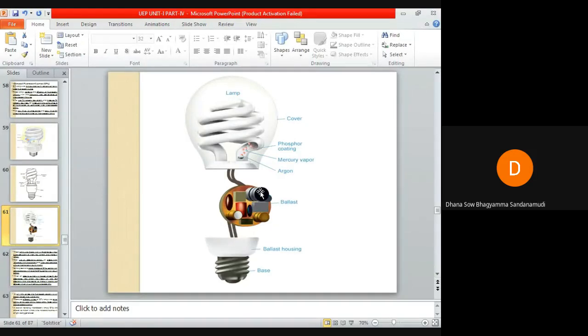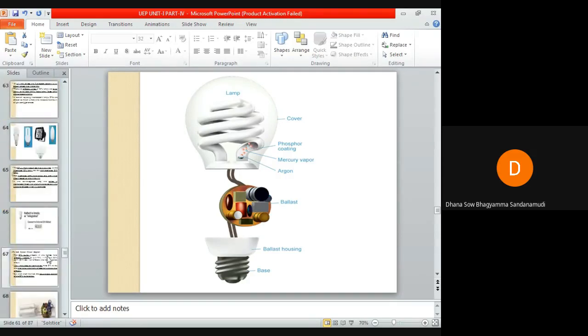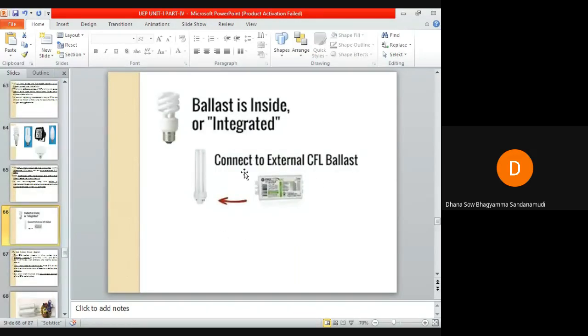Earlier it was a separate unit. The ballast was connected externally. I can show you. This is it. So here, to this CFL tube, this is the external ballast which is to be connected at the base. Okay, whereas in this, the ballast is inbuilt. Okay.